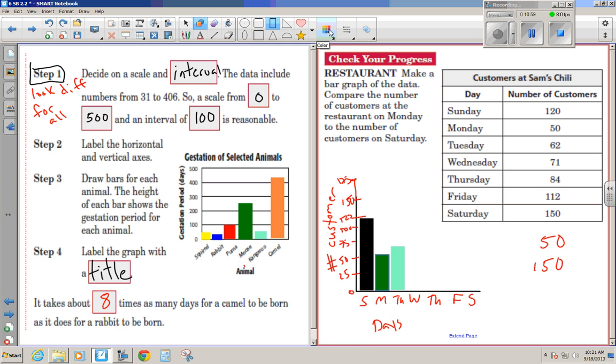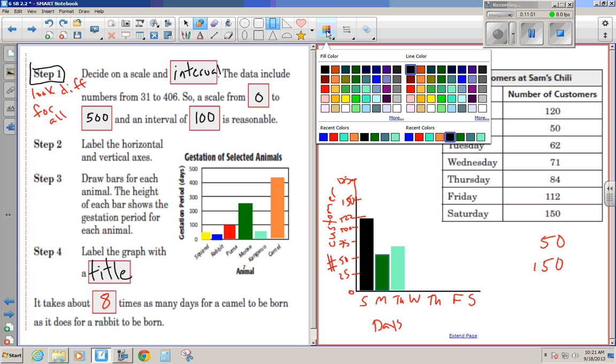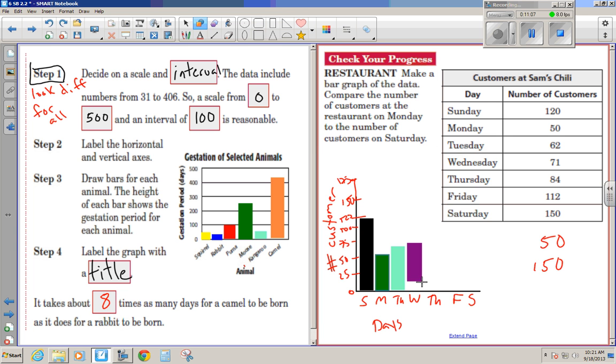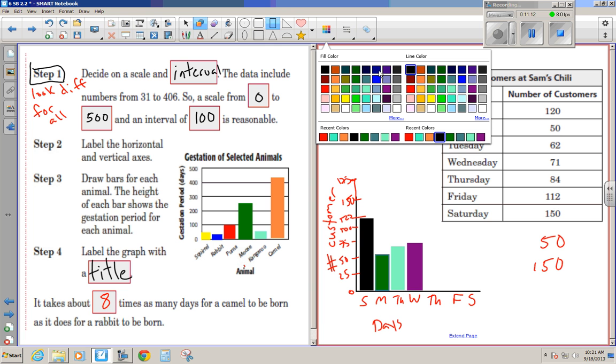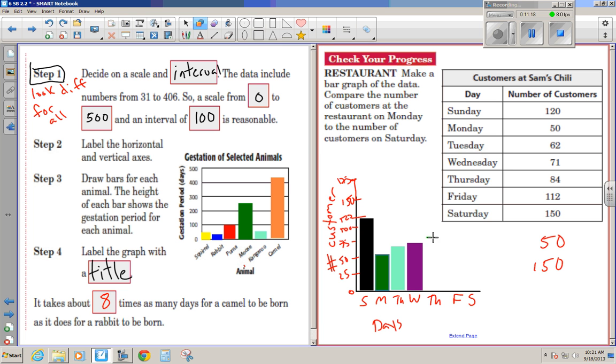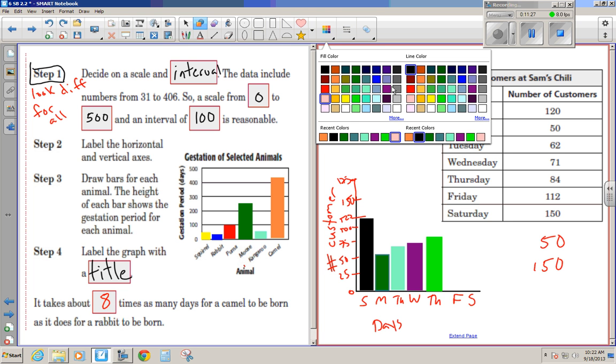It's getting higher again. On Thursday, 84. On Friday, 112.